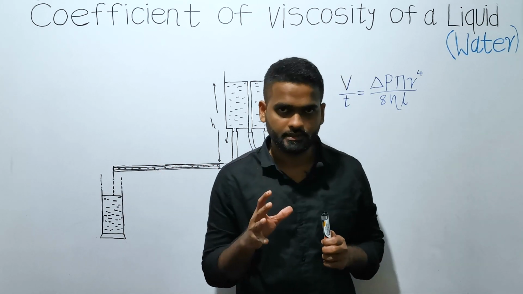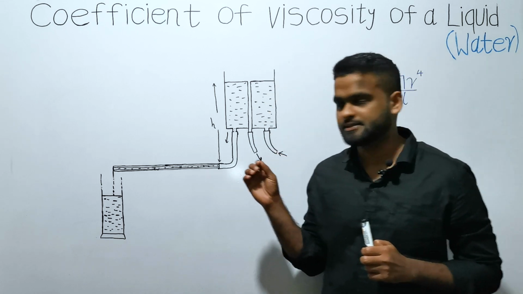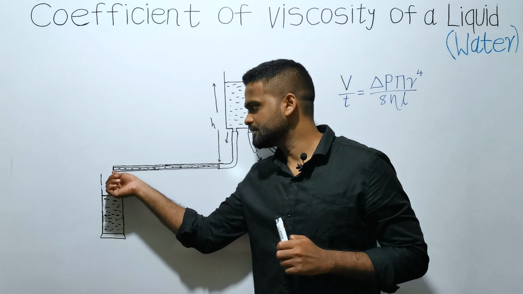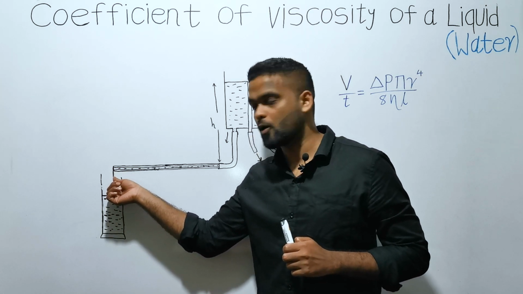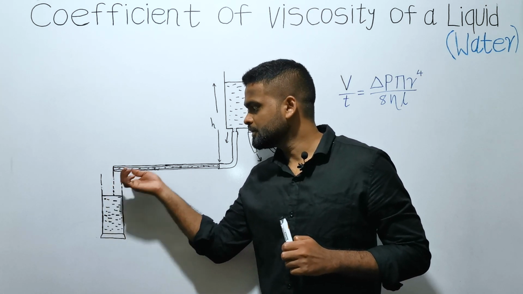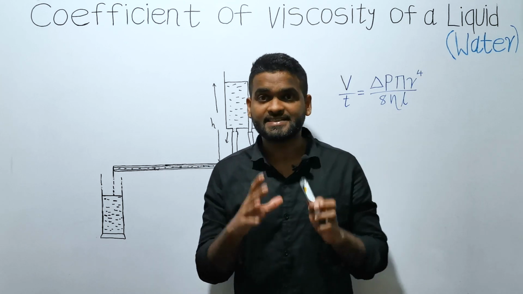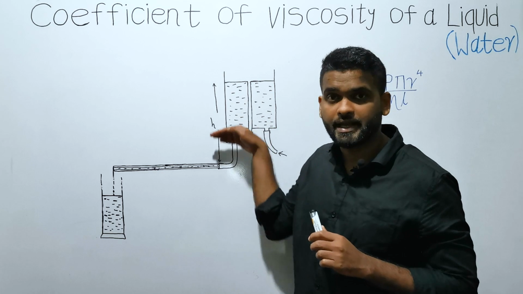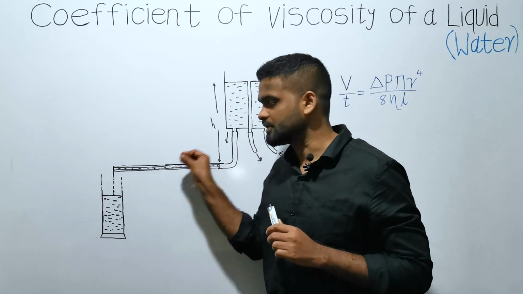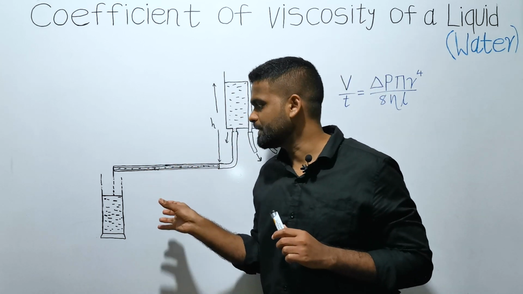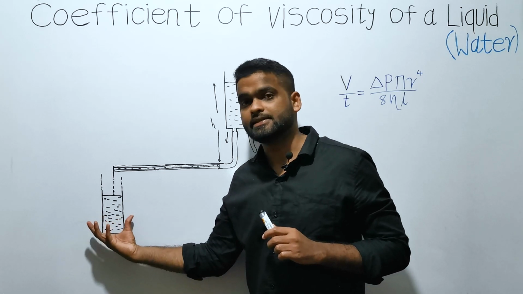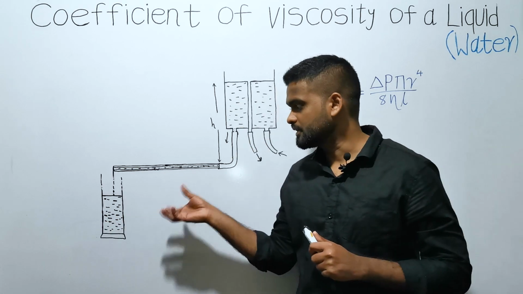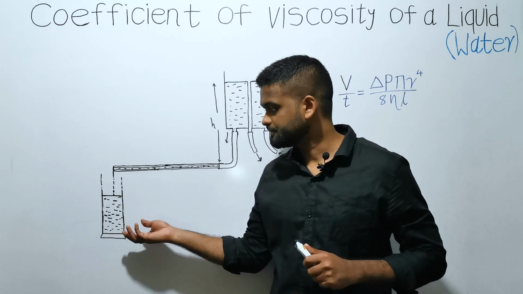After a while, you will notice that there is a slow trickle of water pouring through this cotton thread. It will be steady because there is a constant pressure head. Once the trickle of water is steady, you have to place this measuring cylinder under here and collect water into it.